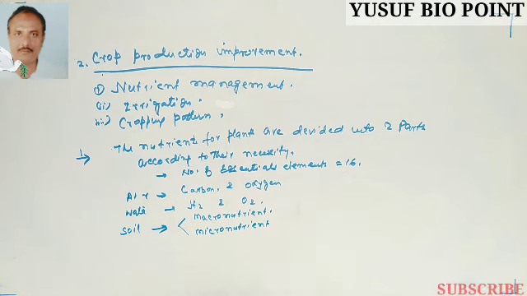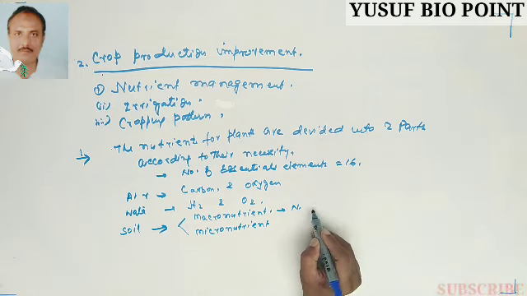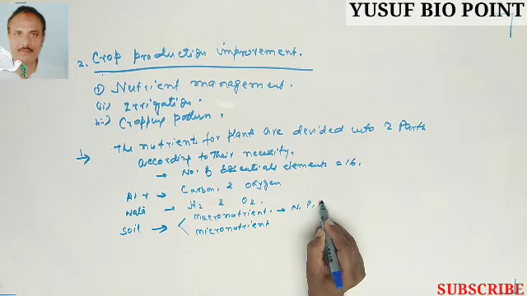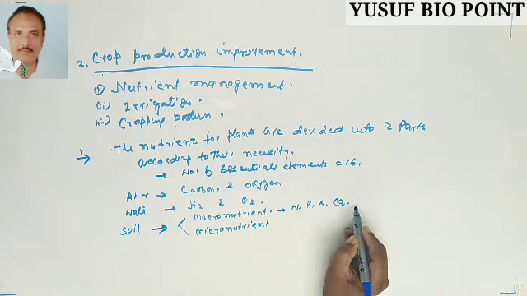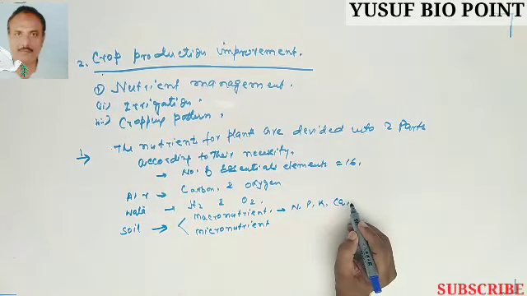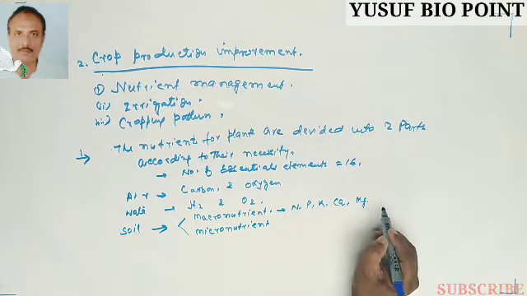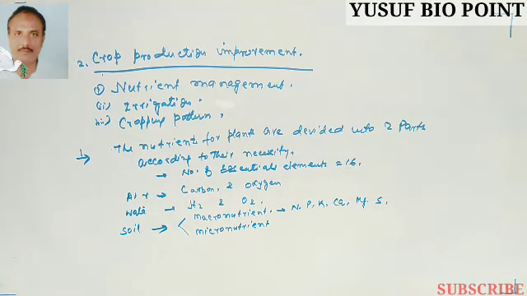According to their quantity they are divided. Macronutrients are nitrogen, phosphorus, potassium, calcium, magnesium, sulfur. That is 6 elements.